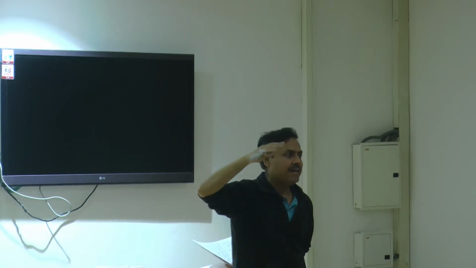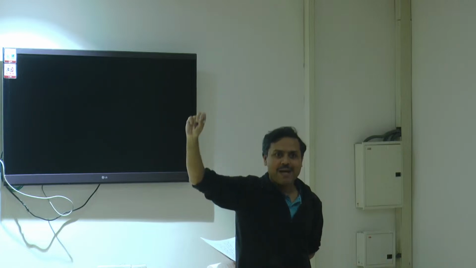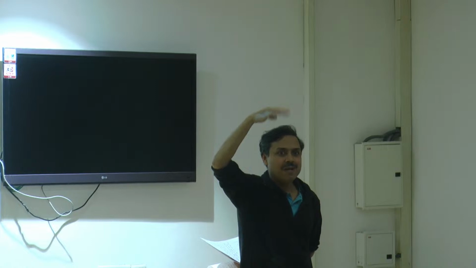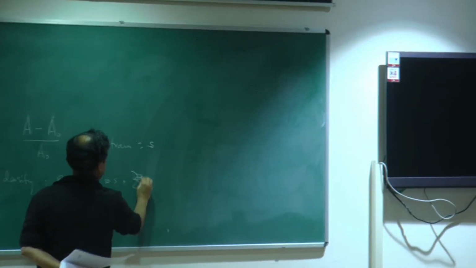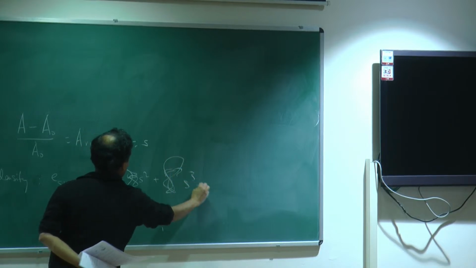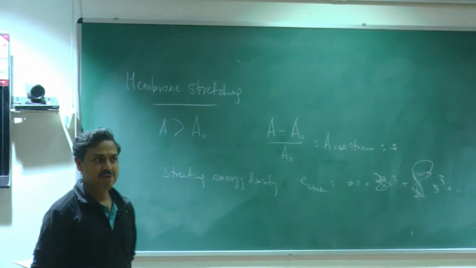I could write down something times s plus something times s squared plus something times s cubed and so on. It could be different functions. I'm just phenomenologically trying to build it up, and I don't know what that is, but I'm trying to figure it out.